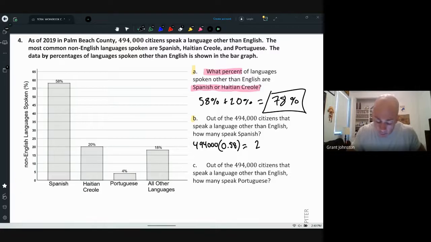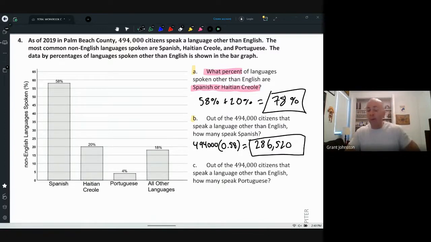I got 286,520. So that's 58% of 494,000. So a little over half, right, of them, because 58% is a little over half. So 286,520 is a little over half of the 494,000.